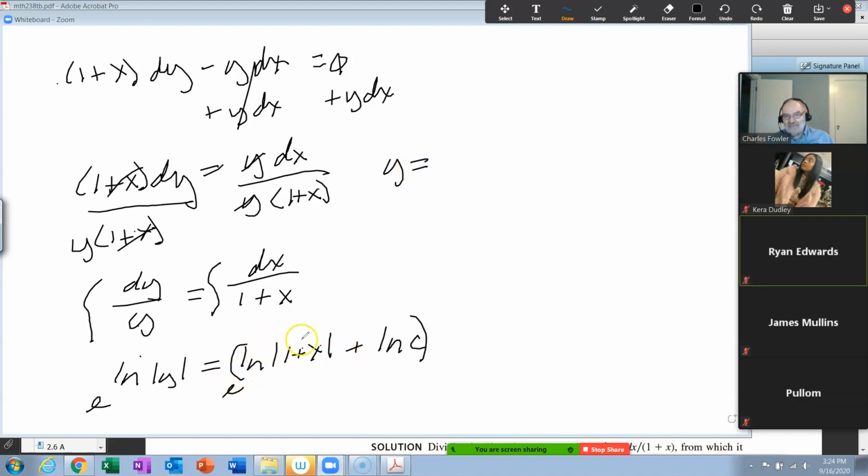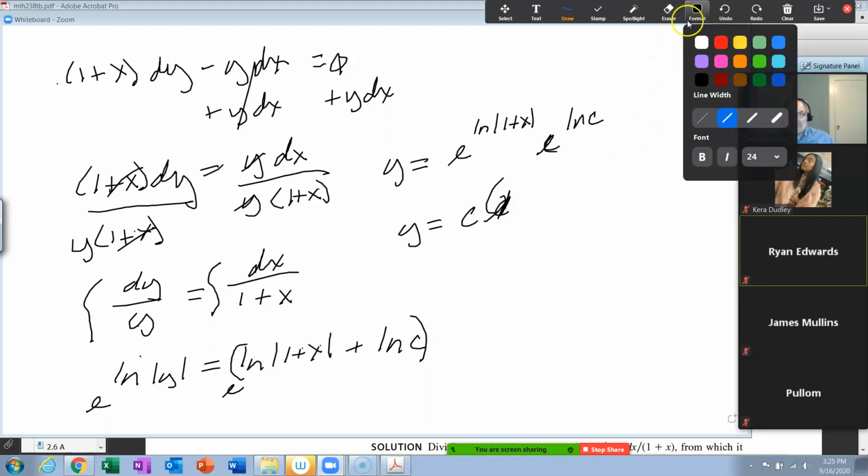E here, that's the same as e of log absolute value 1 plus x times e of log c. Okay, so this will be y is equal to, well, e of log c is just c. And e of log of 1 plus x, this is c times, let me clean that out some.